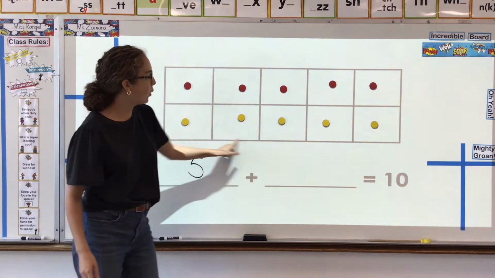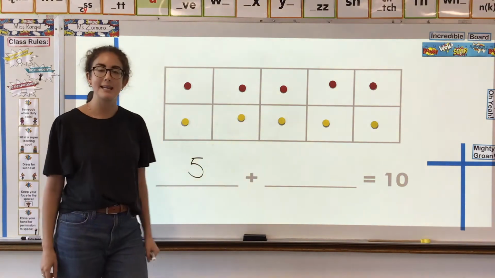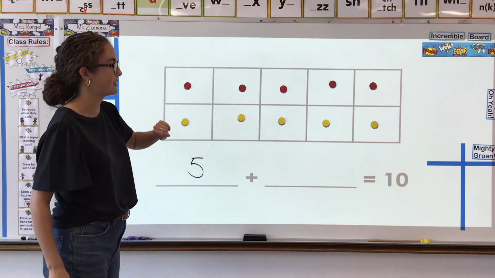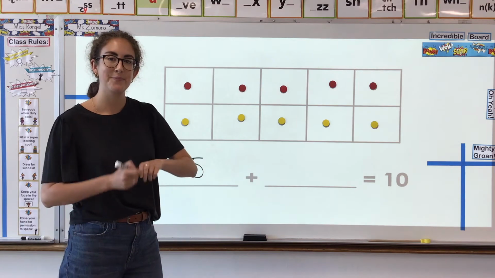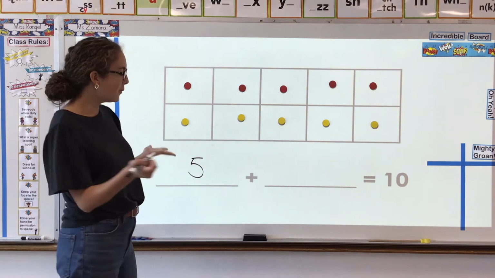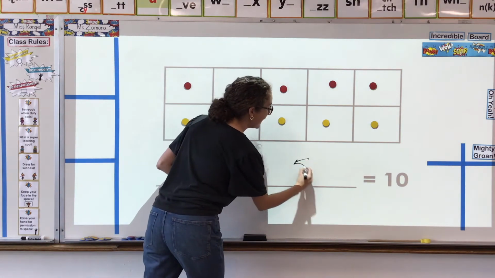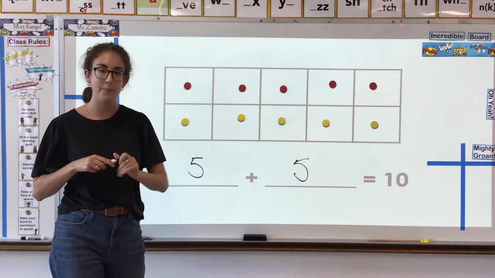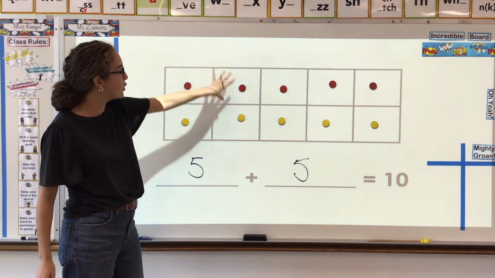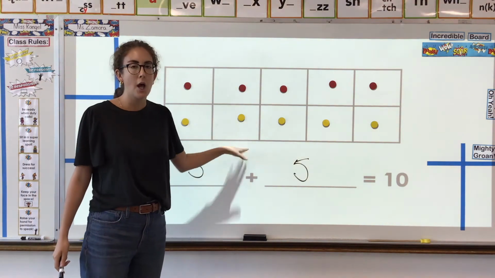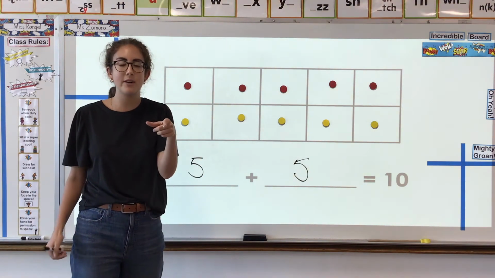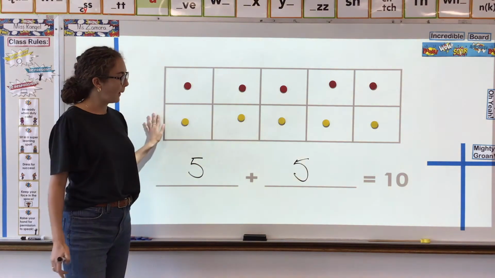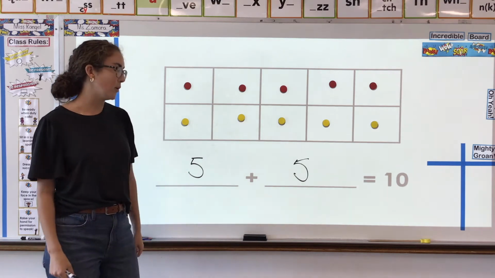So how many more did we need to make 10? What do you see in the yellow counters? We see 5 because the bottom half of the 10 frame is full. And we're using our 2 different colors to make sure we can see the difference and see the 2 pairs. 5 plus 5 equals 10.